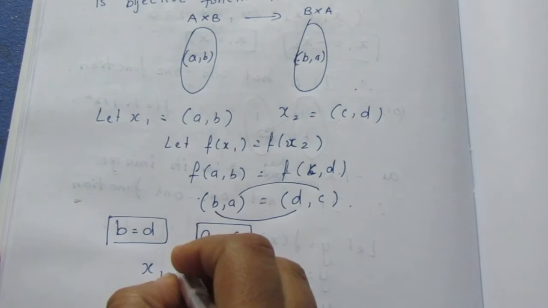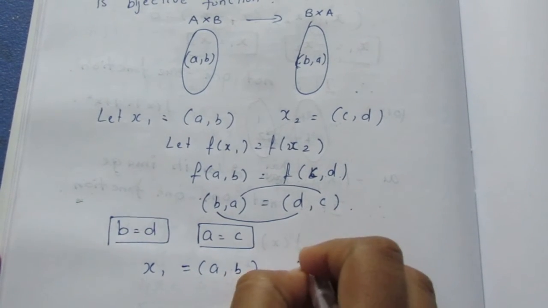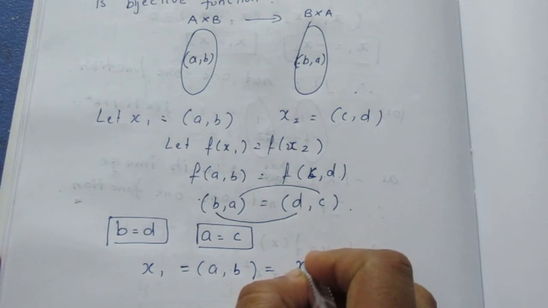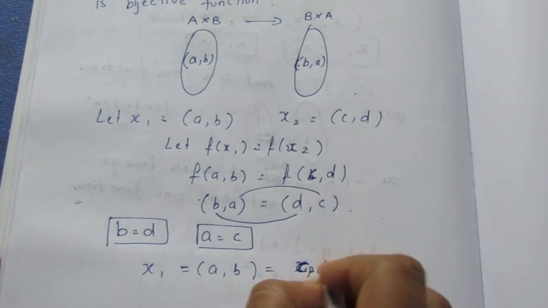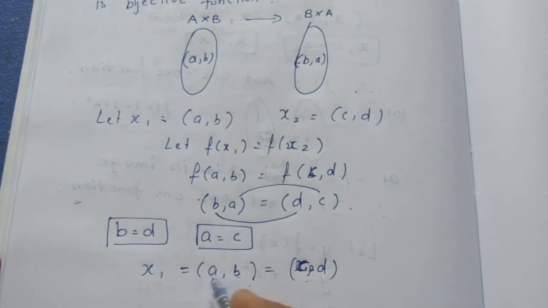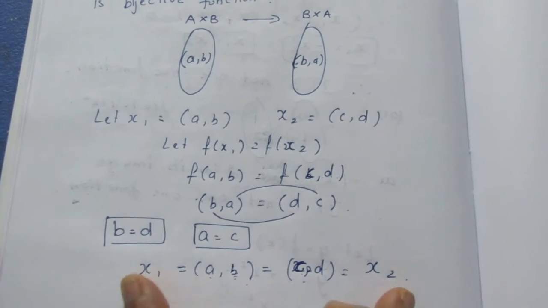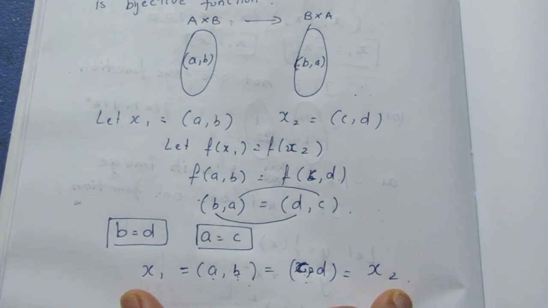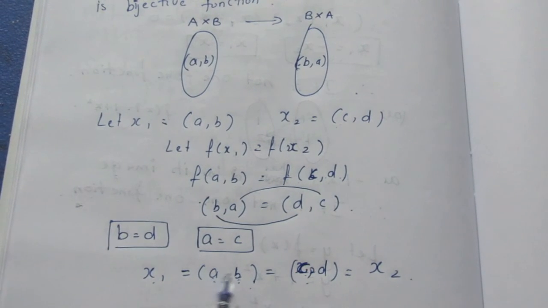So the given is x1 is equal to (a, b) and x2 is (c, d). According to this, (a, b) is equal to (c, d), which is nothing but x2. So from this we know that x1 is equal to x2. I have taken x1 which is nothing but (a, b).